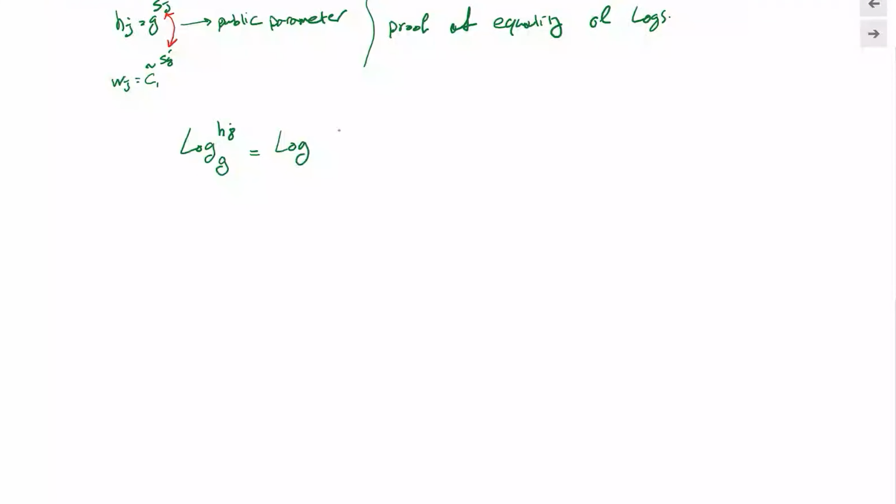So I want to prove that two logs have the same exponent but with different bases. So two logs with the same exponents but with different bases.